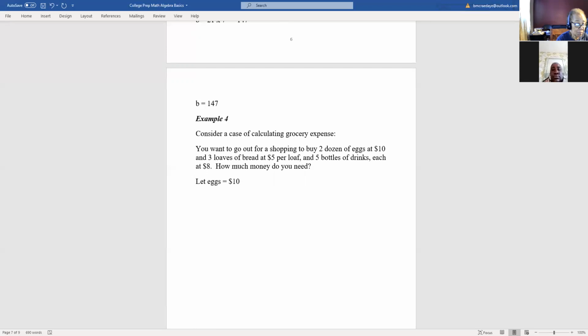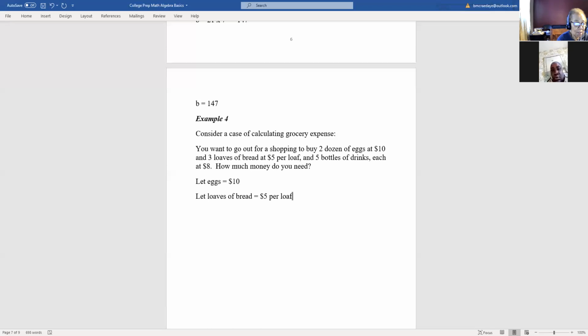Let loaves of bread equal $5. $5 per loaf?